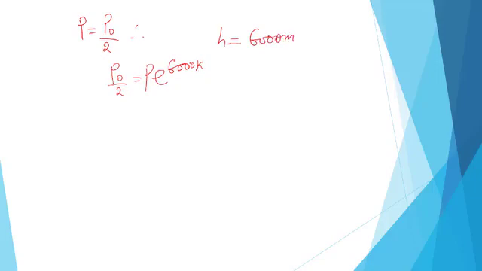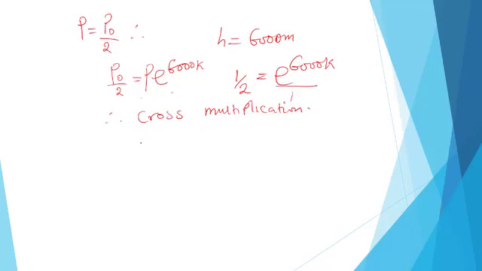Breaking further, we now have a half equals e raised to power 6,000 k. By cross multiplication, we have 1 equals 2 e raised to power 6,000 k.